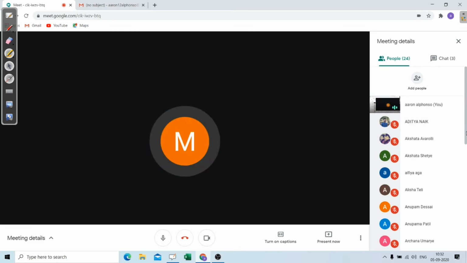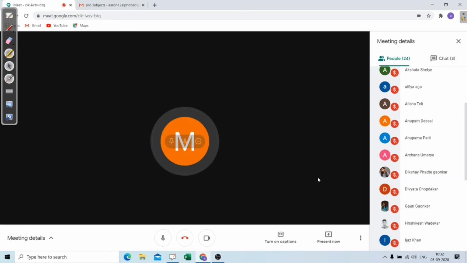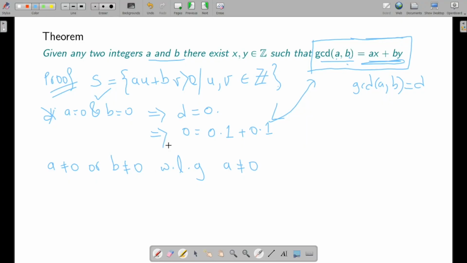U is equal to A and V is equal to 0. So what do you get when U is equal to A and V is equal to 0? What is AU plus BV? A square. Thank you. Yeah, that's absolutely right. If you take U as A, this is one way of doing it. There are multiple other options also.